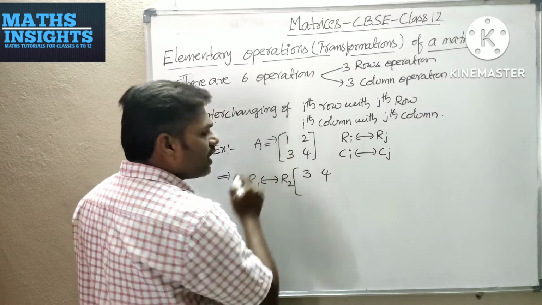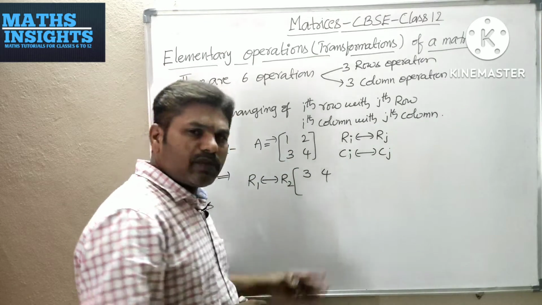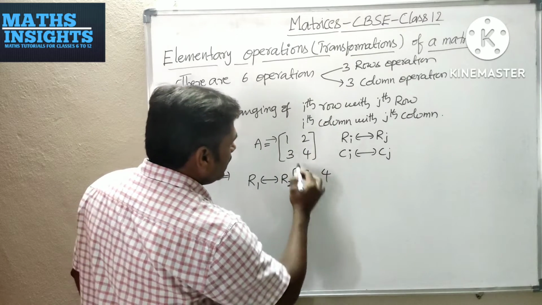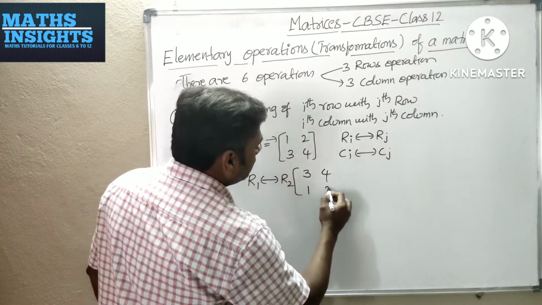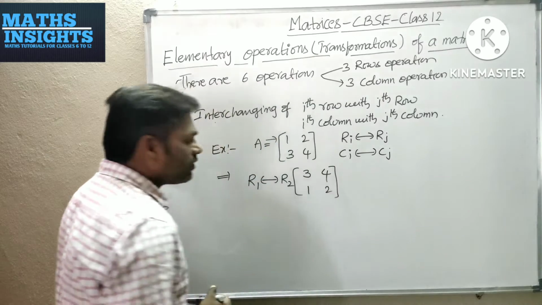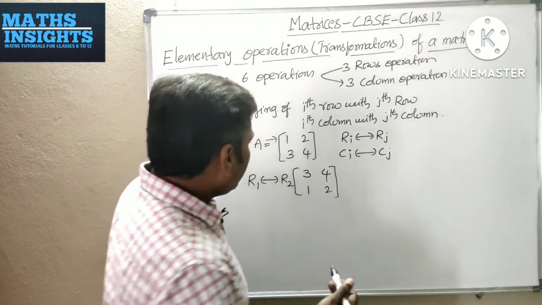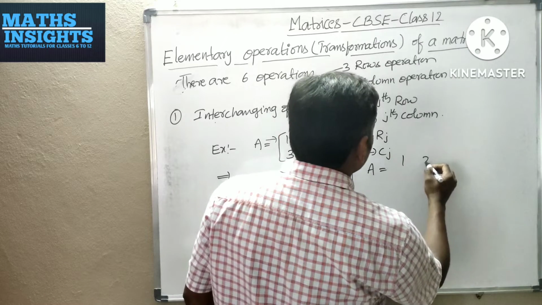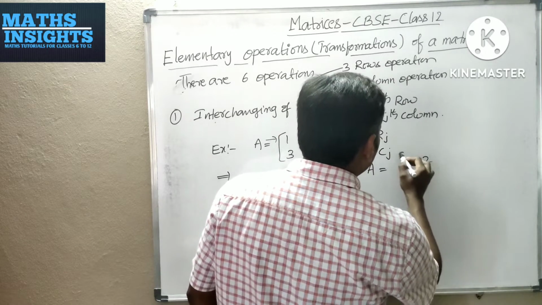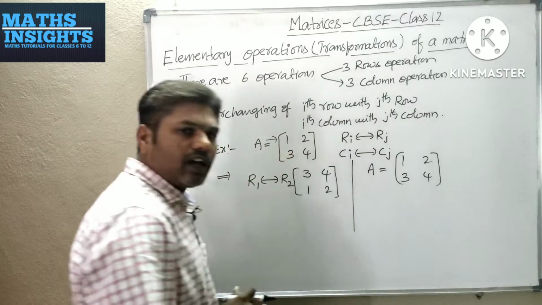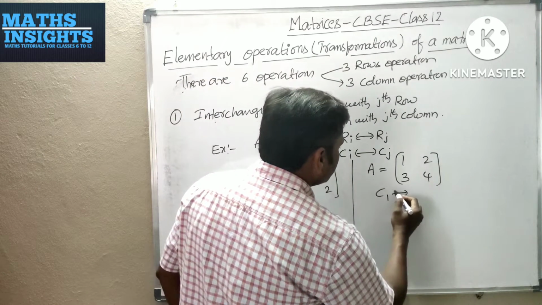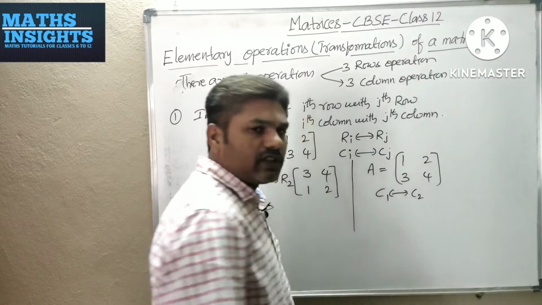After interchanging row 1 with row 2, row 2 becomes row 1. Row means the horizontal arrangement, column means vertical arrangement. This row 2 becomes row 1, and this row 1 comes into the place of row 2. In a similar manner, if you take the same matrix 1, 2, 3, 4 and want to apply column transformations, you may interchange C1, column 1, with column 2.